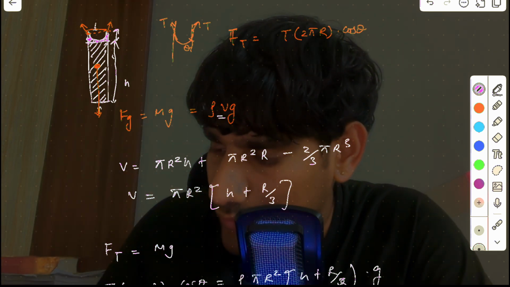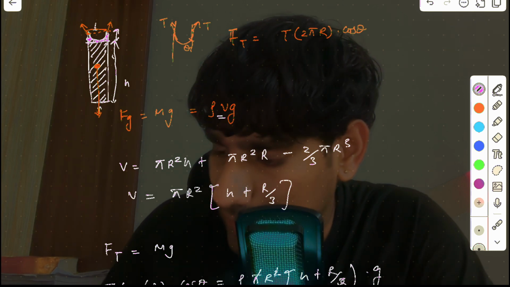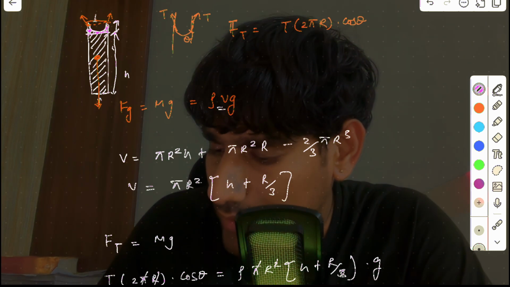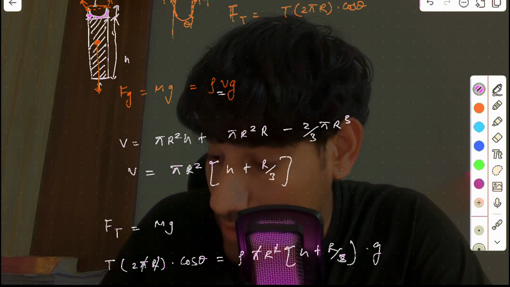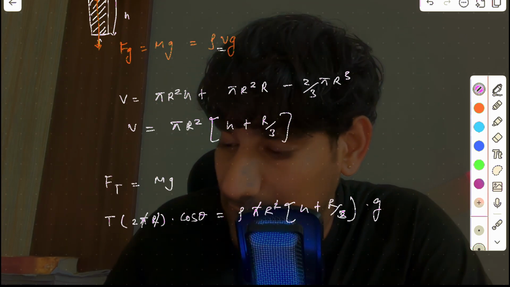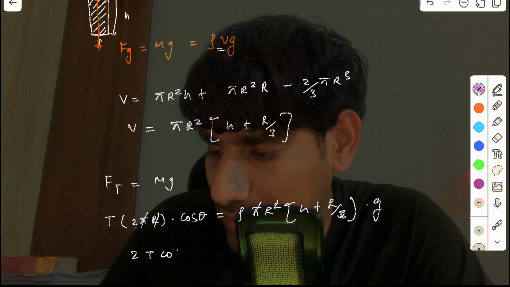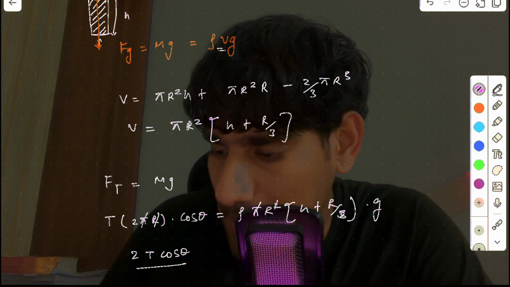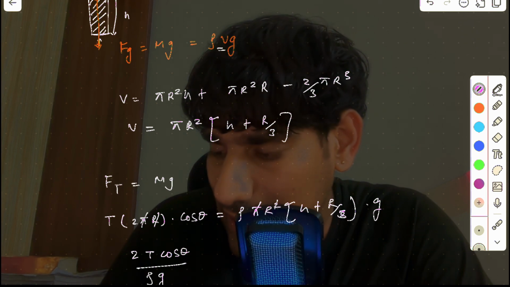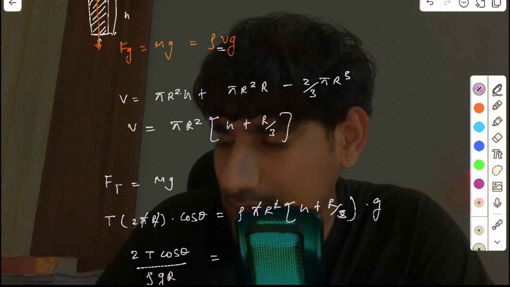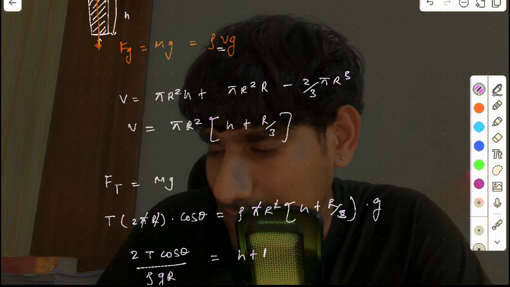So pi r square is cancelled out, and we get 2T cos theta divided by rho g r is h plus r by 3.